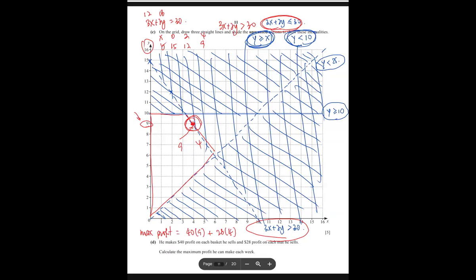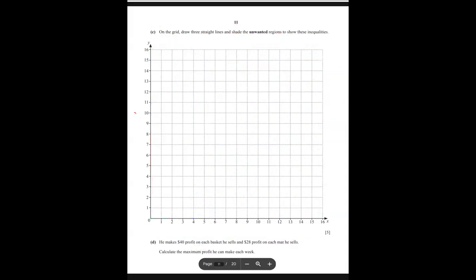Sorry, I got it the wrong way around. This one's 4, this one's 9. So 40 times 4, 28 times 9, yeah, 412. Okay, very complicated question. Linear programming tends to be a little bit harder because you need to understand the graph and all those stuff.